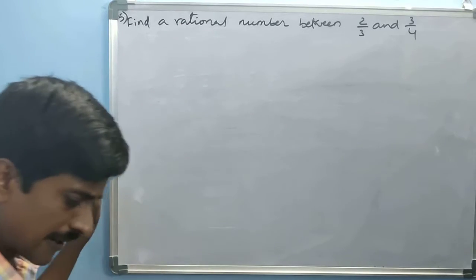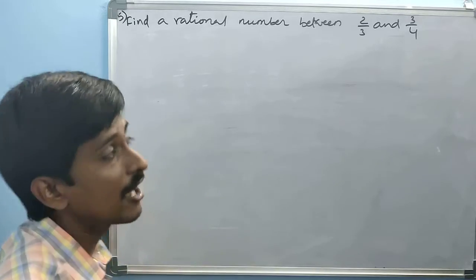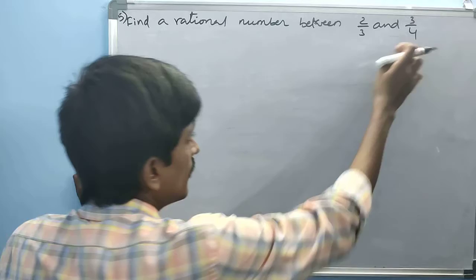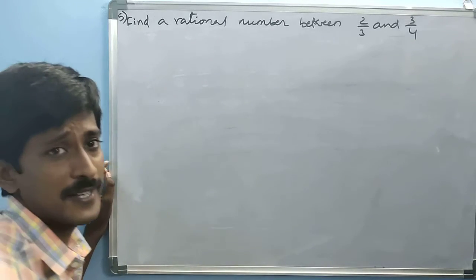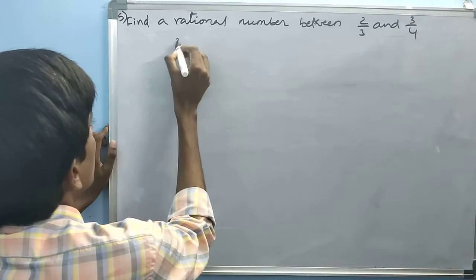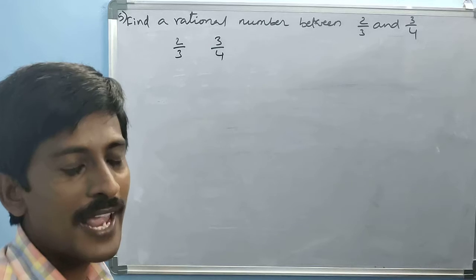Here a hint is given. First write the rational numbers with equal denominators. Equal denominators means like fractions. 2 by 3 and 3 by 4 are converted into like fractions.